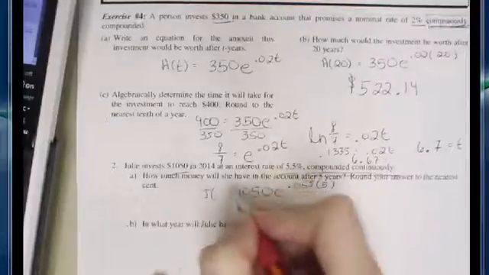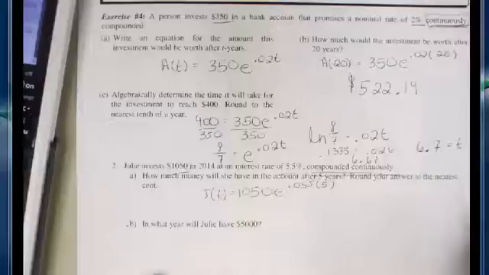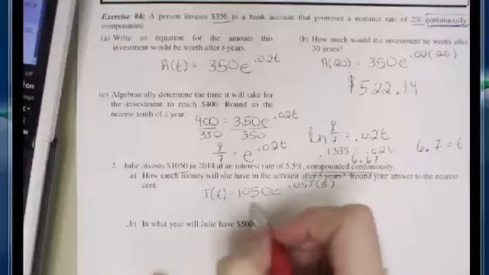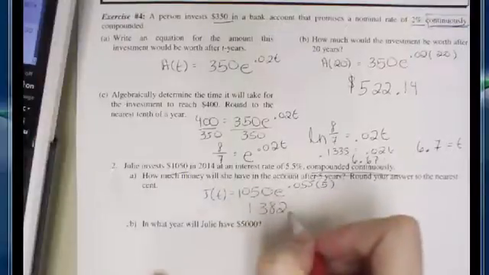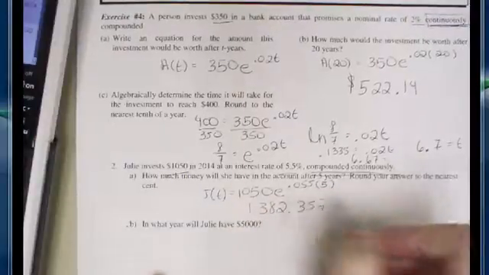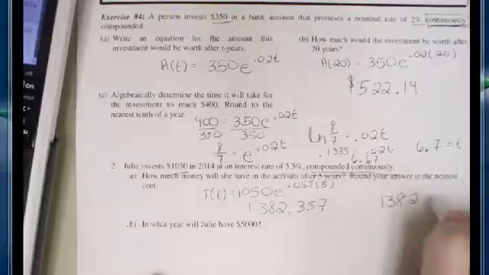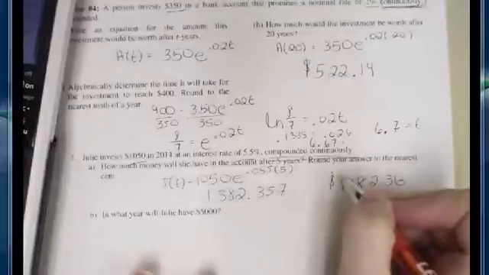Her name is Julia, or Julie. I'm going to call it J of T. So there's my function. And I type that in. 1382.357. So money, $1382.36.